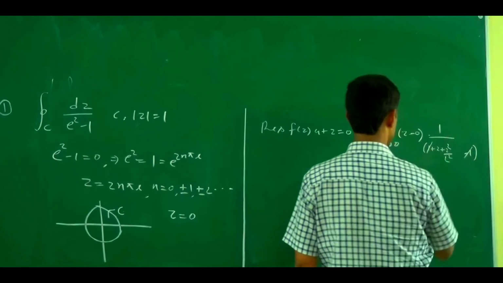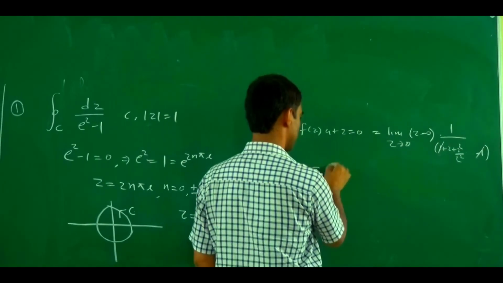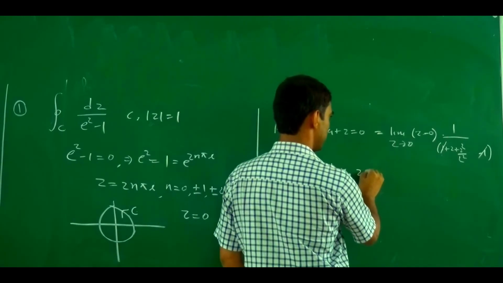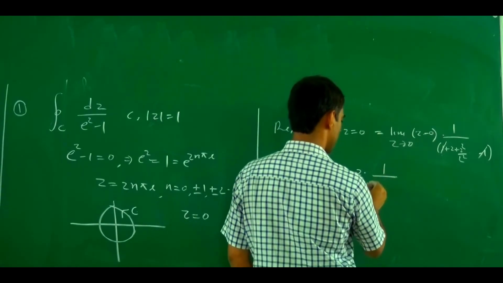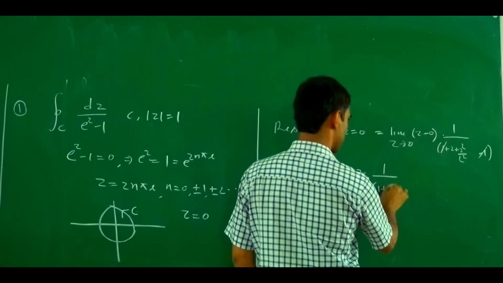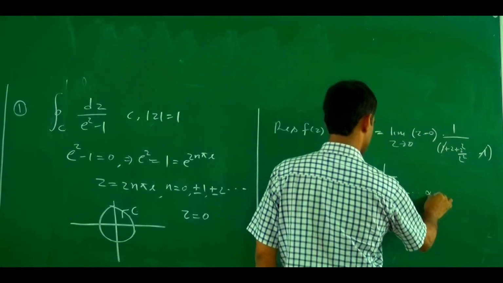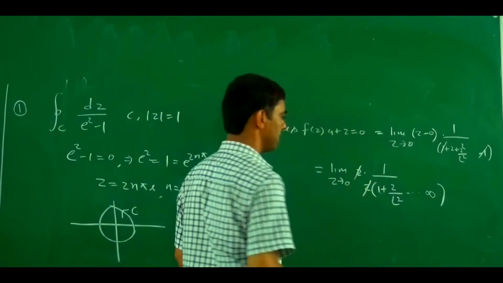This one cancels out. Then this becomes what? Limit z tends to 0, z into 1 upon z becomes outside, then this becomes 1 plus z upon factorial 2 and so on up to an infinite number of terms. z and z cancel out.